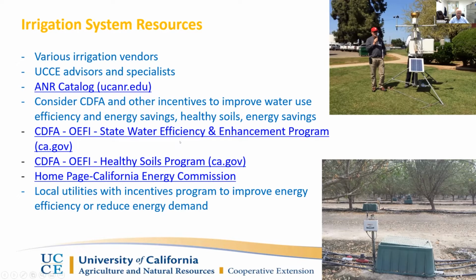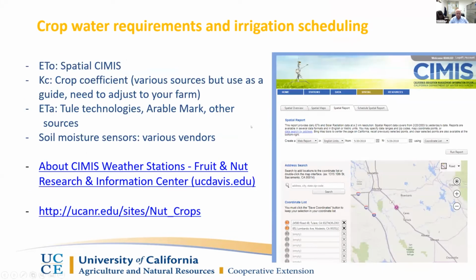If you don't have a flow meter, you can get one, and you can get soil moisture sensors, and so on. Sometimes there are incentives related to energy, because whenever you improve irrigation efficiency, you're going to use less energy, and that will save you money. And maybe there are incentives to help you with a new system.